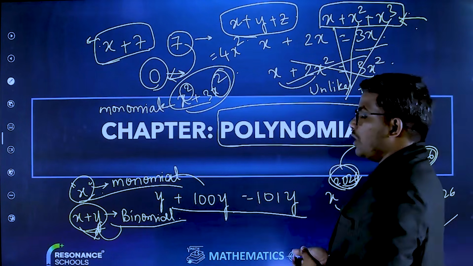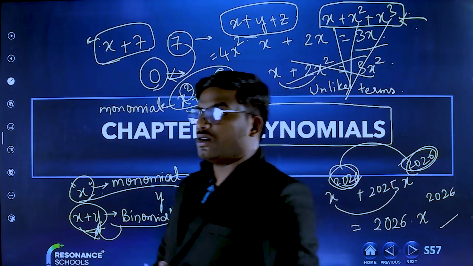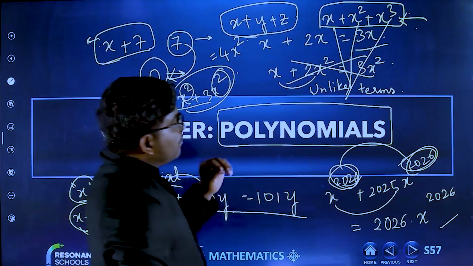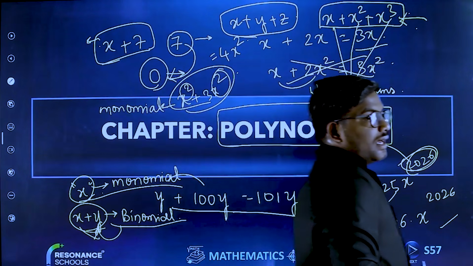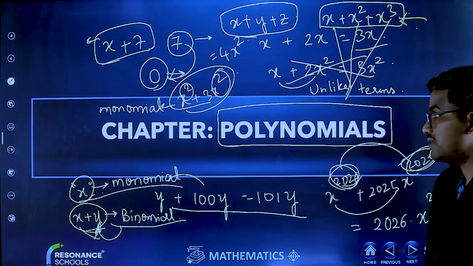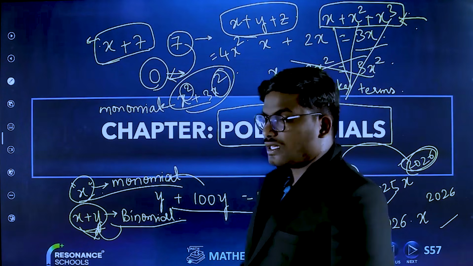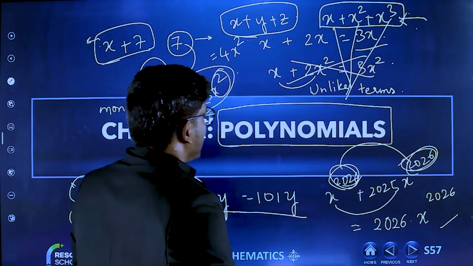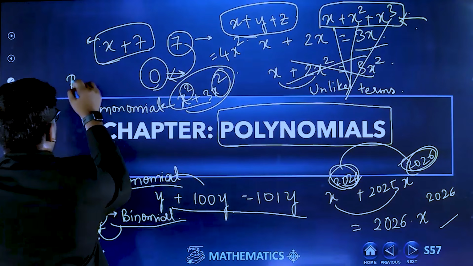So something that involves more than three terms is a polynomial. It's not exactly more than three terms. Something that involves any number of terms is a polynomial.